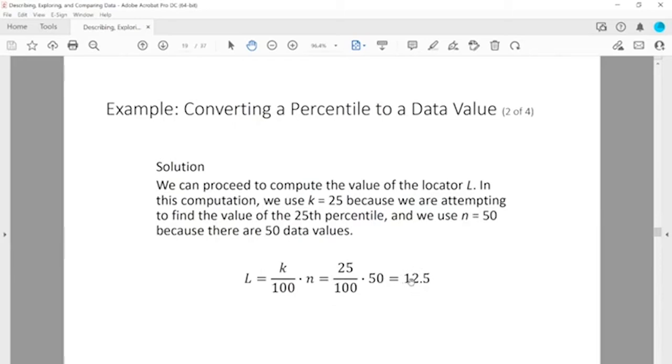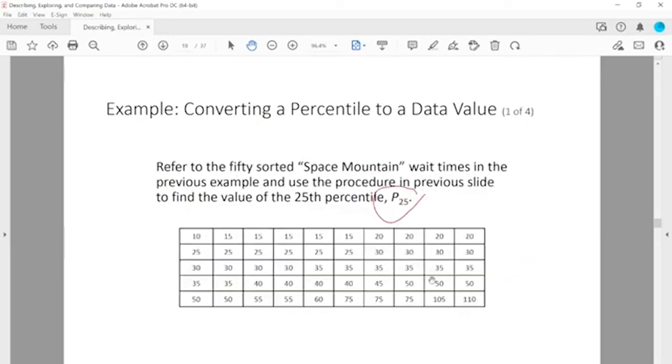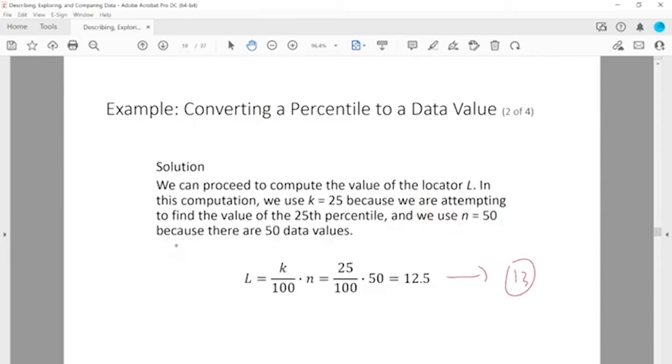Because it's a decimal number, you have to round it up to the next whole number, which is 13. You go back to the data and find the data at the 13th position: 10 data, 11, 12, 13. So this is the data we are looking for. That's 25.